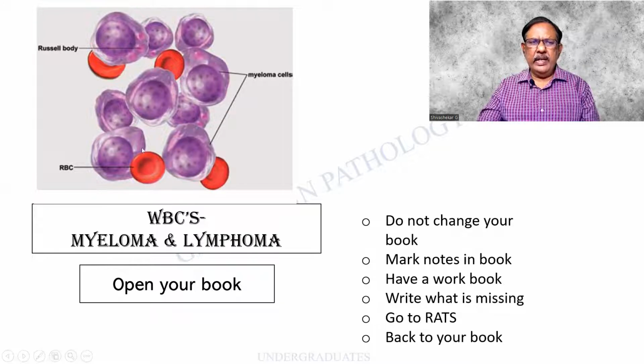I am finding that there are large ovoid cells. Oval is a two-dimensional word. Ovoid is a three-dimensional word. The nucleus is eccentric and there are multiple dots which provide a cartwheel-like appearance.